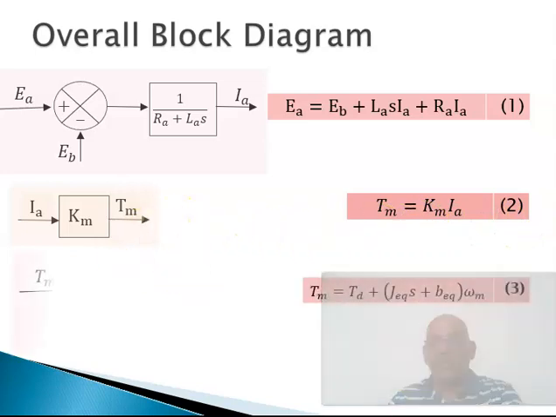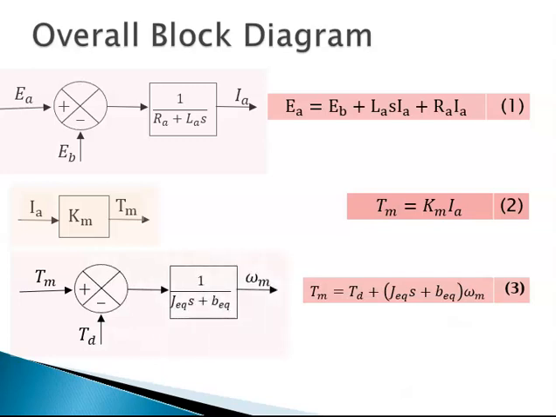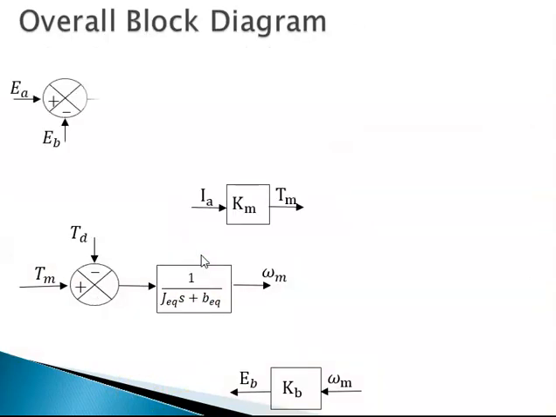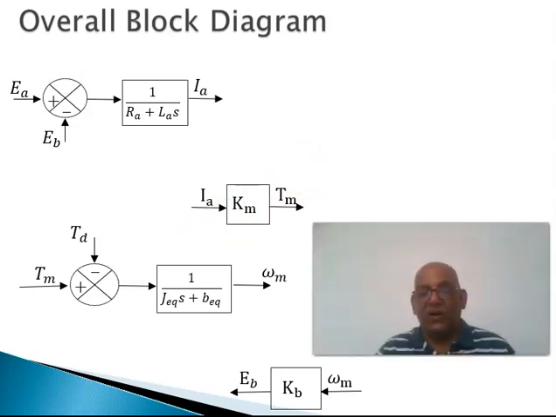Equation 3 is for the load section, and equation 4 is for back EMF. For back EMF, this is the block diagram we write. Now we carefully connect these things to form the overall block diagram. These are the 4 block diagrams we have: 1, 2, 3, 4.